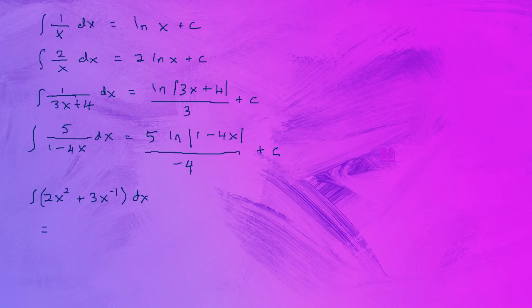So we cannot use the power formula, but we need to write the integration as 2x squared plus 3 over x dx. So integrate this one, one by one. We integrate 2x squared, we will get 2x to the power of 3 over 3, plus integrate 3 over x. We will get ln. So we get 3 ln x plus c.